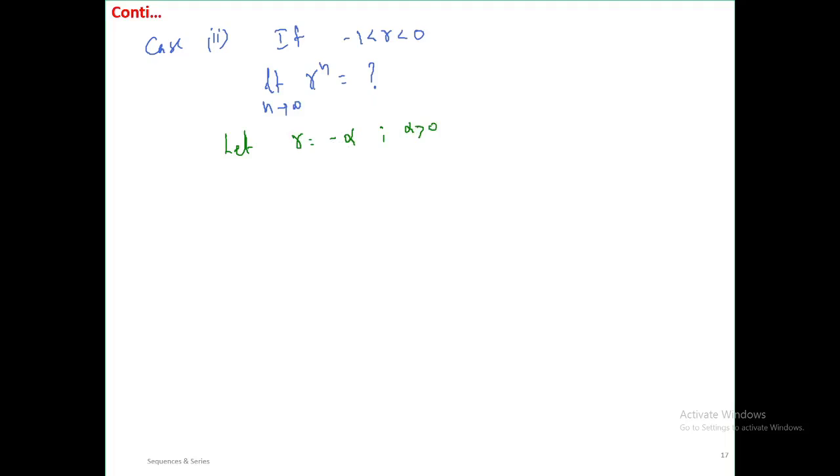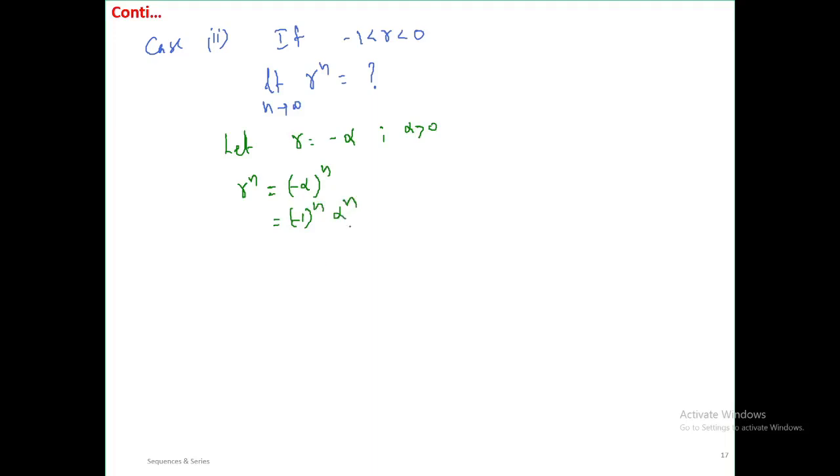That means r is always negative here, because r is minus 1 to 0. So therefore r is of the form minus alpha. So now let me compute r power n, which is nothing but minus alpha to the power of n, which is nothing but minus 1 whole to the power of n into alpha power n, isn't it?